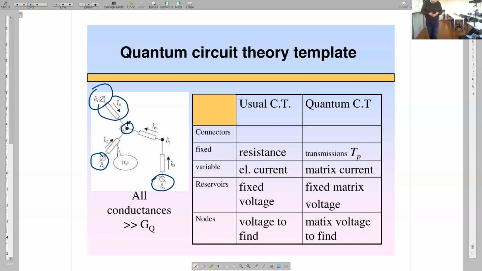Good. What I have here is a condition of applicability. All conductances must be larger than G_Q, which means that there are many channels, a complex pattern, many phase factors involved. Nevertheless, we can study it, we can make conclusions about the properties of these wave patterns using conservation of matrix current.